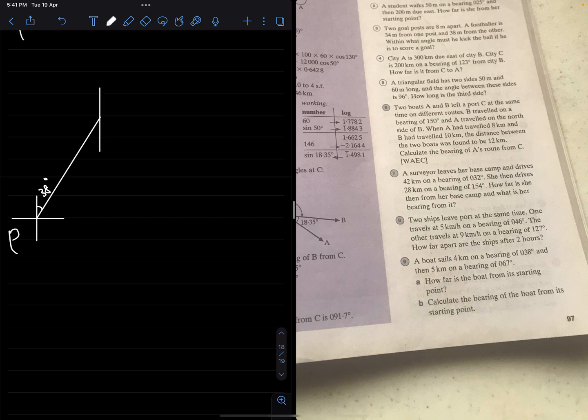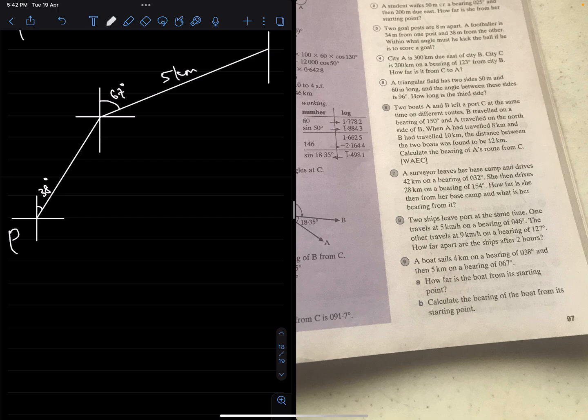So this is where it is now, and it's moving on a bearing of 067 degrees, another distance 5 kilometers away. Let's call that 67 degrees, and the distance he moved was 5 kilometers from that point.